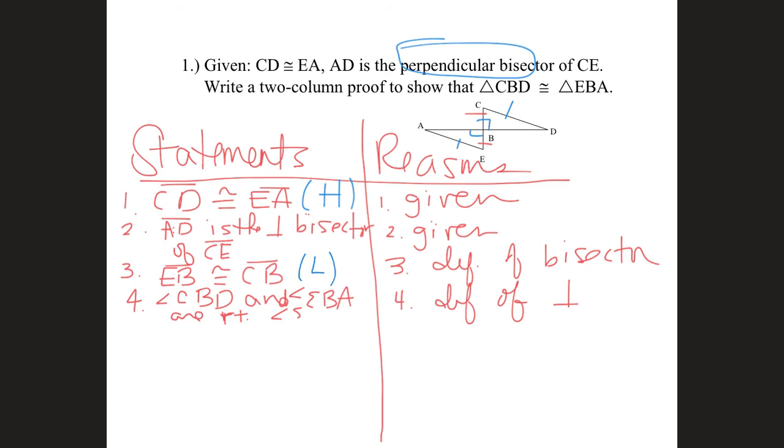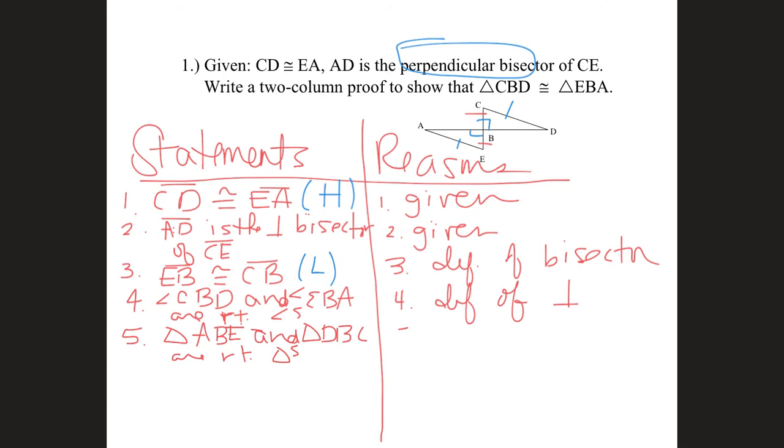So we need to have a step 5, that triangle ABE and triangle DBC are right triangles. And that's just definition of a right triangle.